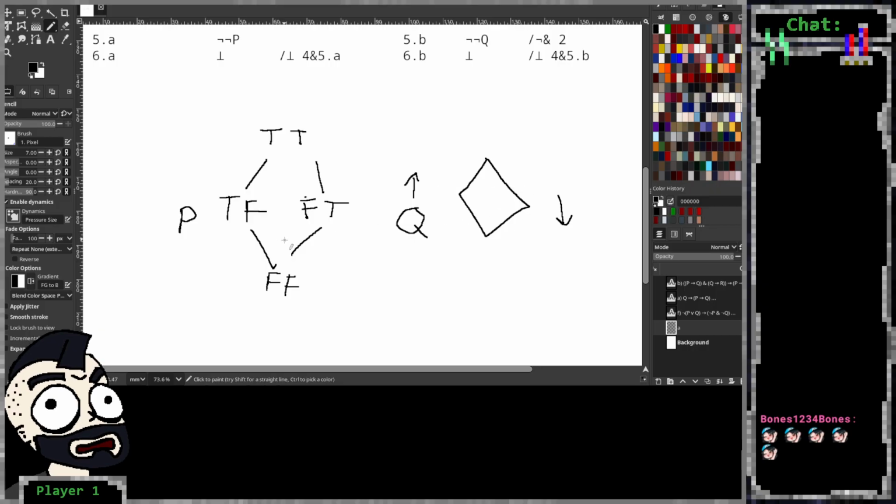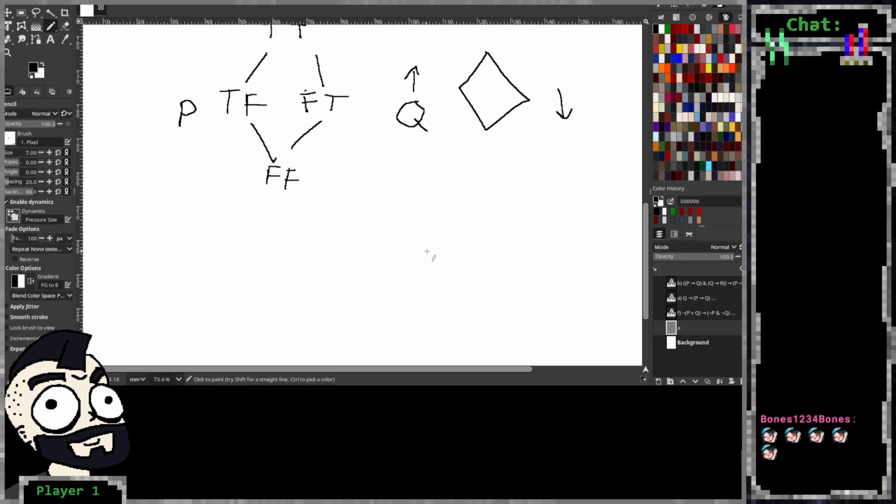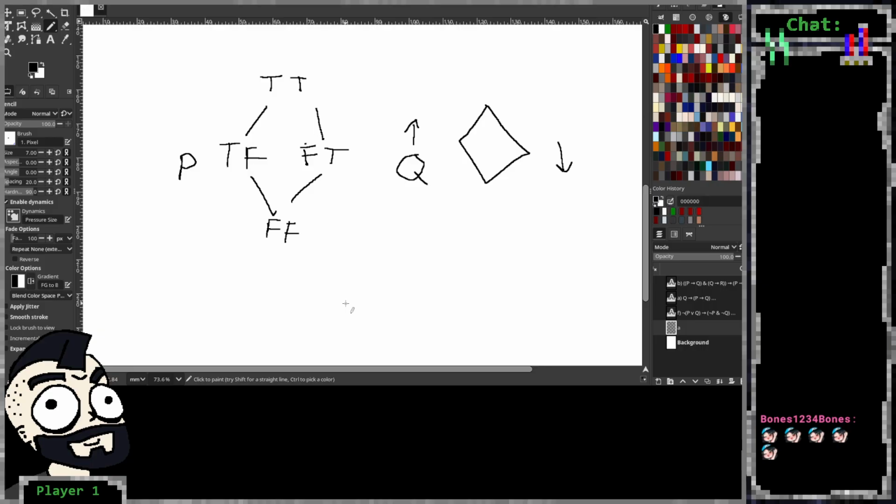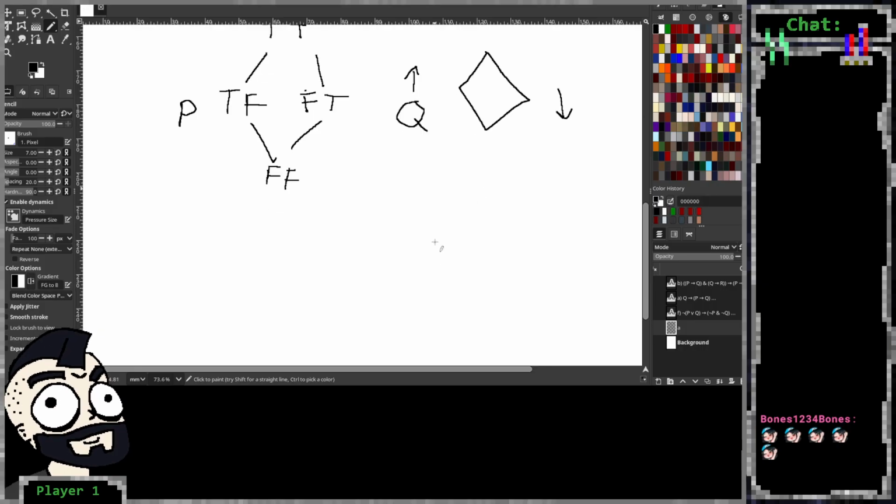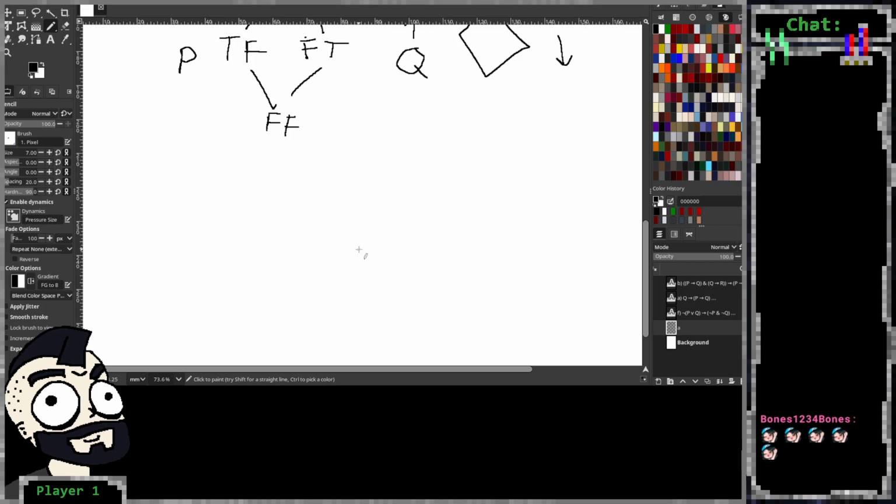Now, when you only have two propositional letters, it's a very simple structure. When you have three, the diamond multiplies into something more visually akin to a lattice.